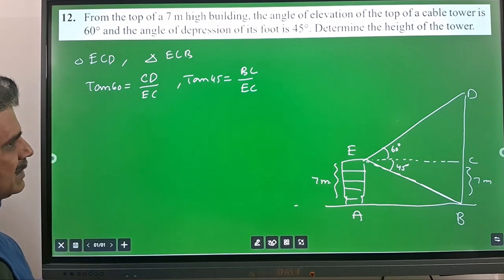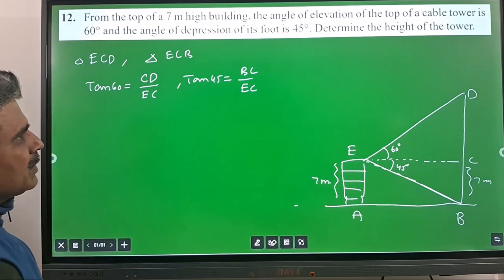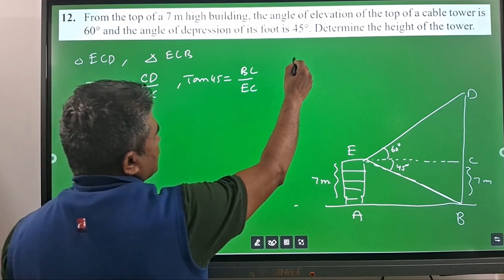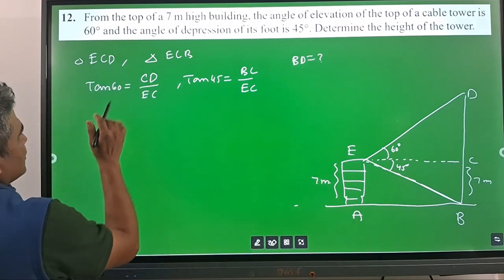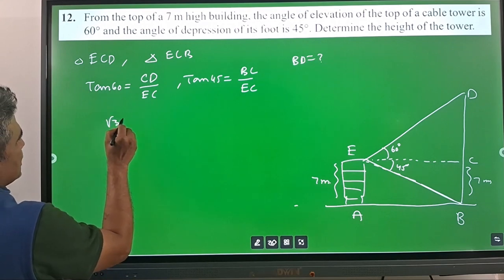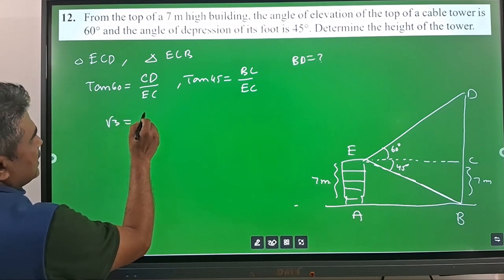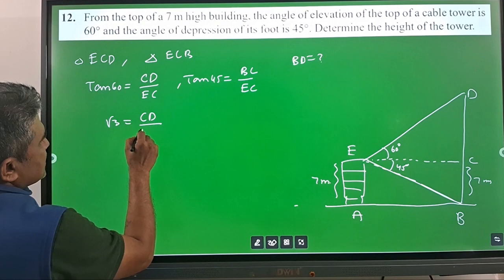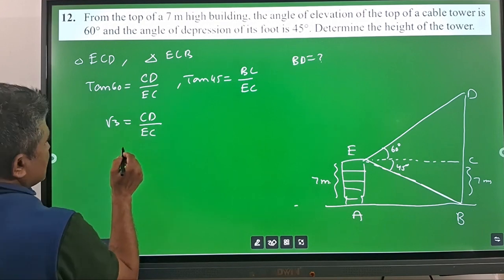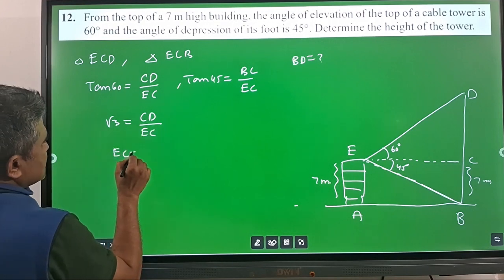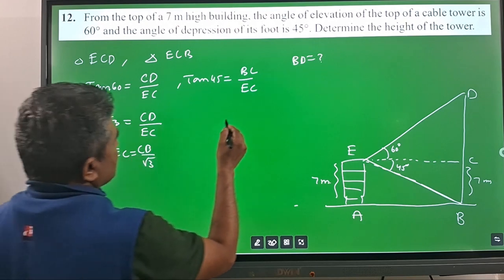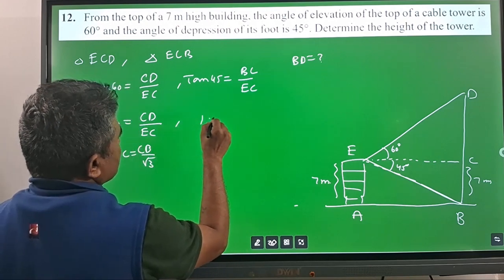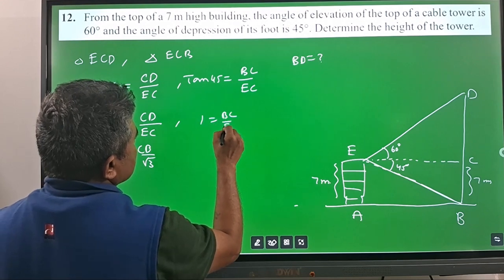We need to find out CD, from there we can find BD. Total height of the tower is BD. So if you find DC, then our work will be done. From the relation, tan 60 is √3 is equal to CD by EC. Just cross multiply this one, you will get EC is equal to CD by √3, and here tan 45 is 1 is equal to BC by EC.